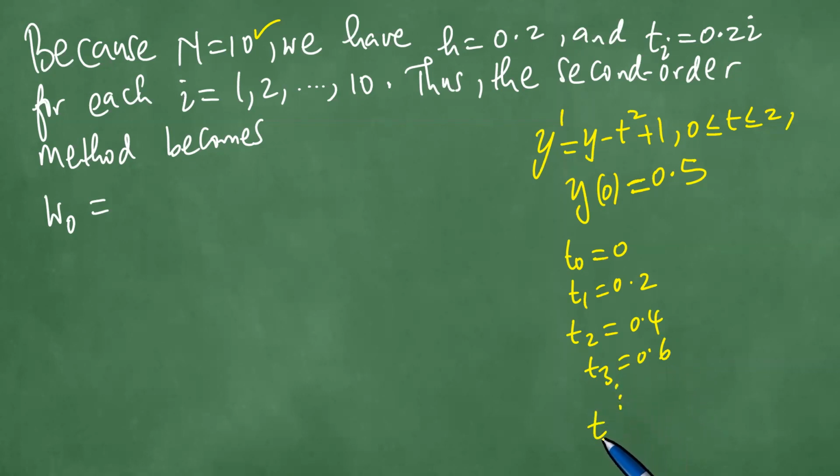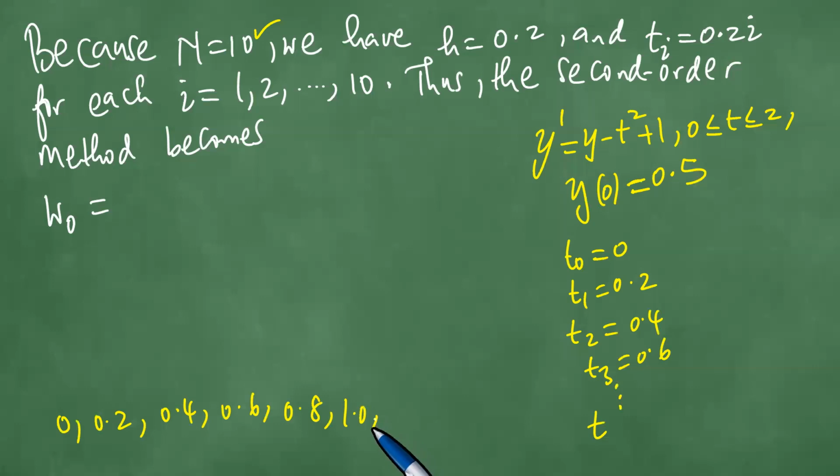I can write it horizontally. 0, then 0.2, then 0.4, then 0.6, 0.8, and 1.0. We're moving in steps of 0.2 so that you can understand why these are used in the Taylor calculations.